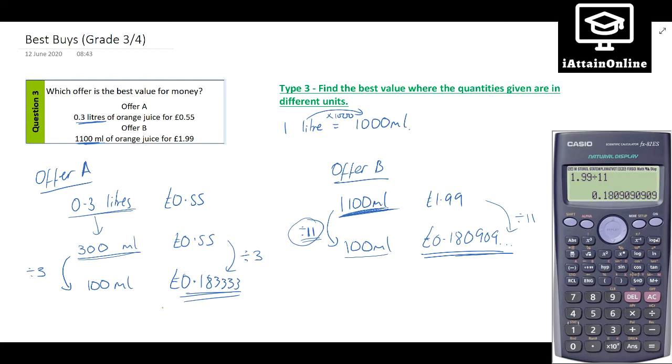So we're looking now for the lowest of these two values. The lowest of these two values is this one here. Therefore, in this case, offer B is the best value for money.